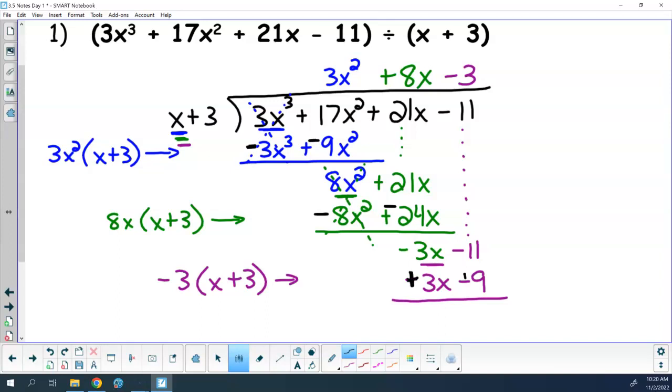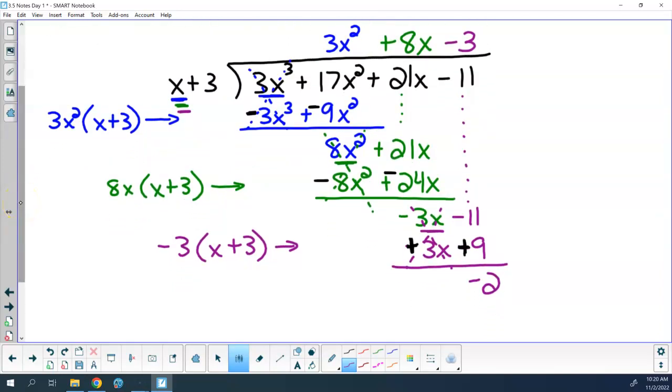Change those signs. Negative 3x plus 3x. Negative 11 plus 9. Negative 2. Yeah?